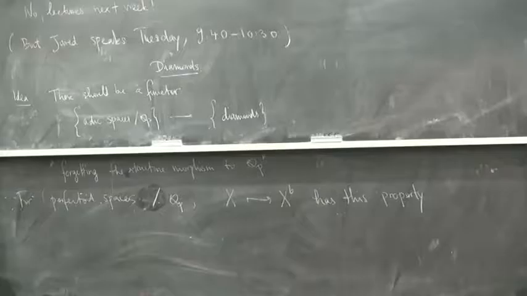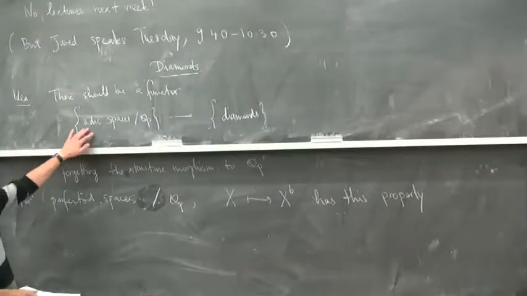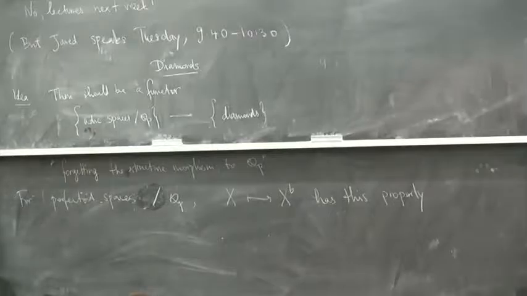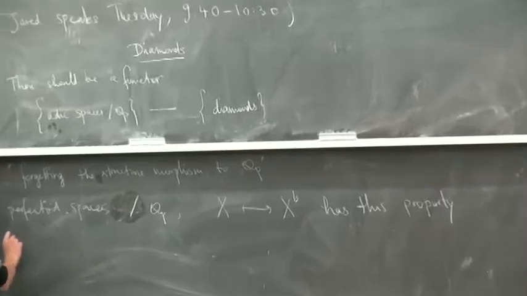And so you already have this functor on some big subcategory, and then in general you try to interpolate from there. In some sense you have only one choice what you should do in general.